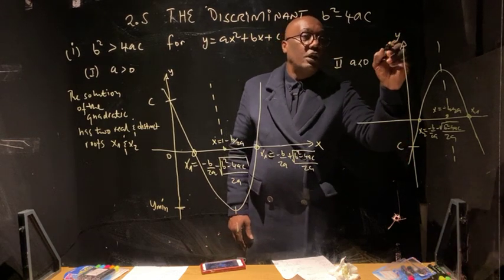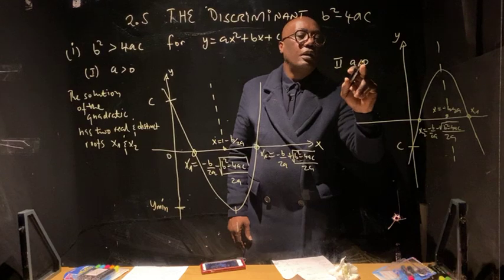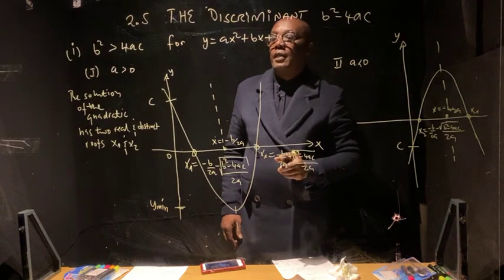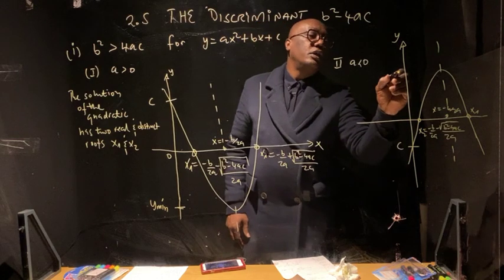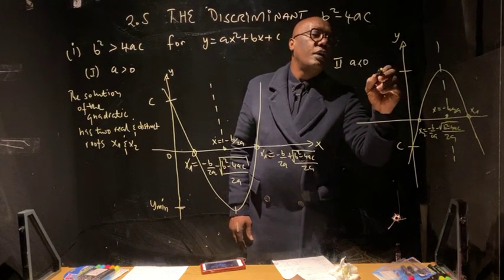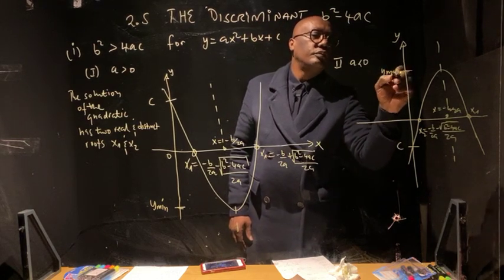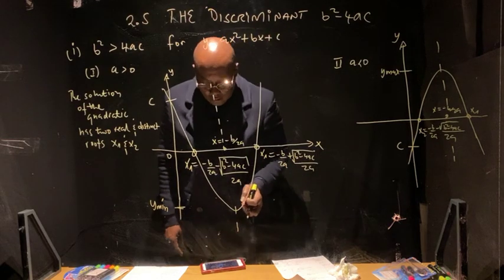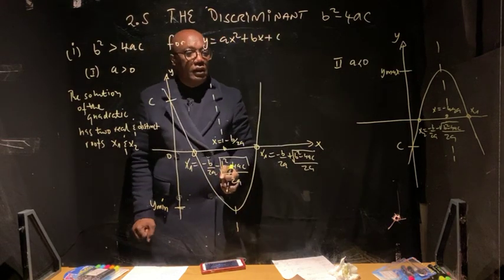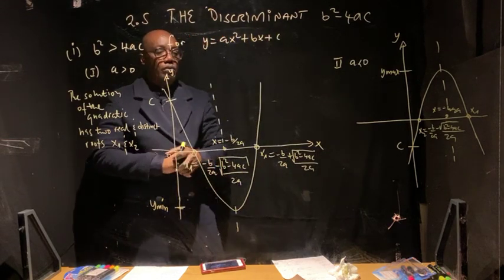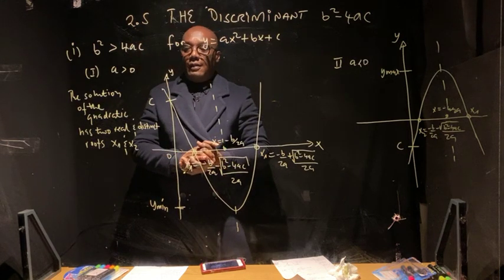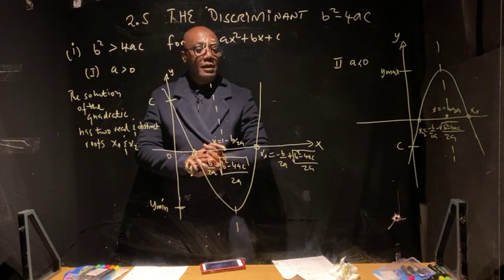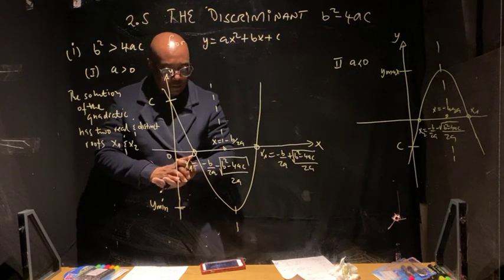This graph is when a is less than 0, meaning the coefficient of x squared is negative. Under that condition, the graph will have a y maximum. Good. Take your time to copy it, and we'll move on from there.